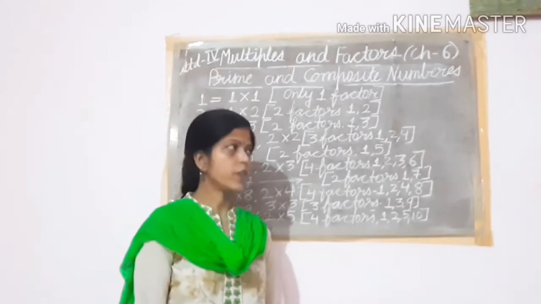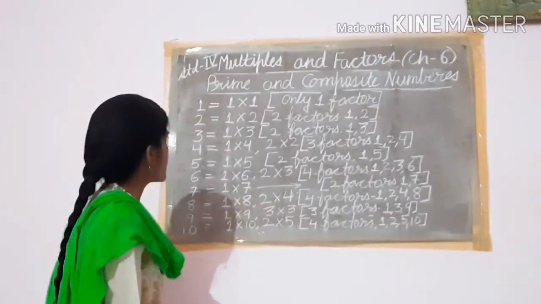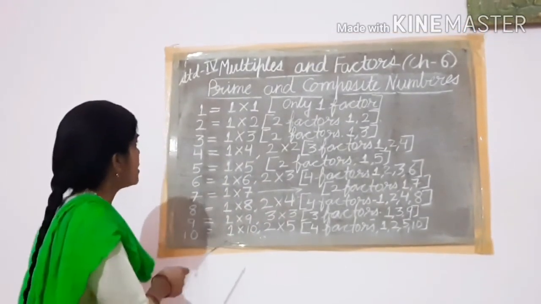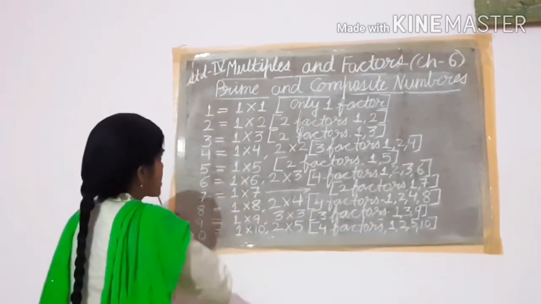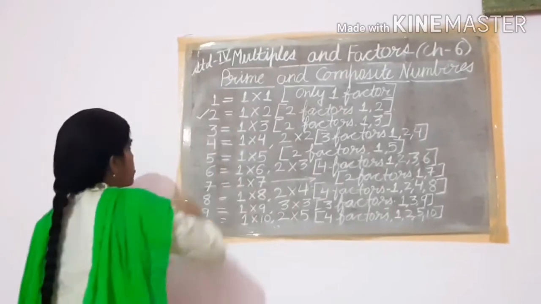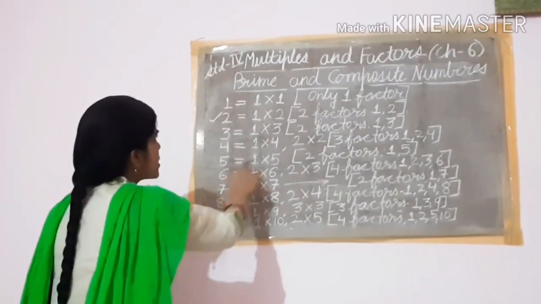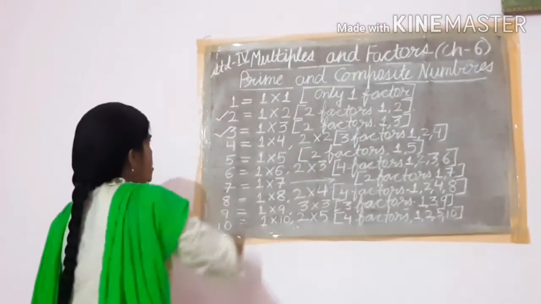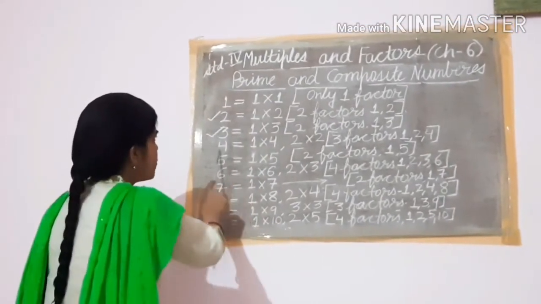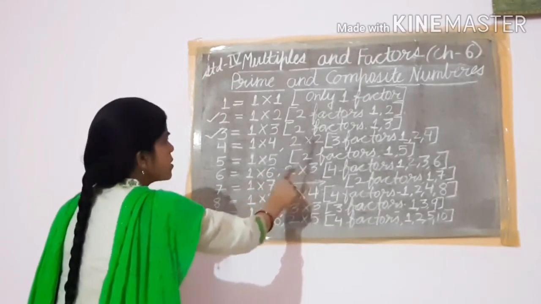Now let us find out prime numbers. How many prime numbers are here? See, 2 factors. Here 2 is a prime number. Then 3 also, it has 2 factors, 1 and 3. So 3 is also a prime number. Now 4. 4 has 3 factors.